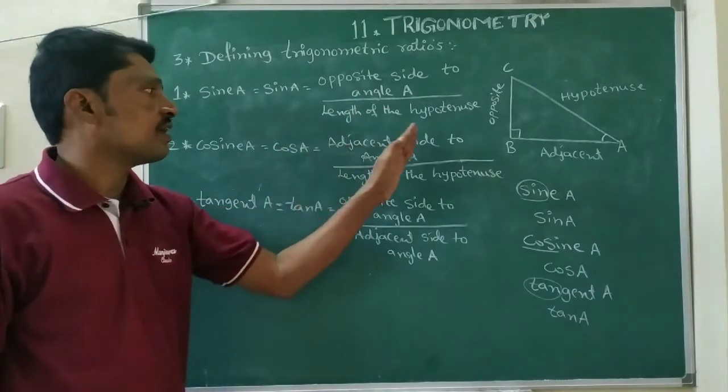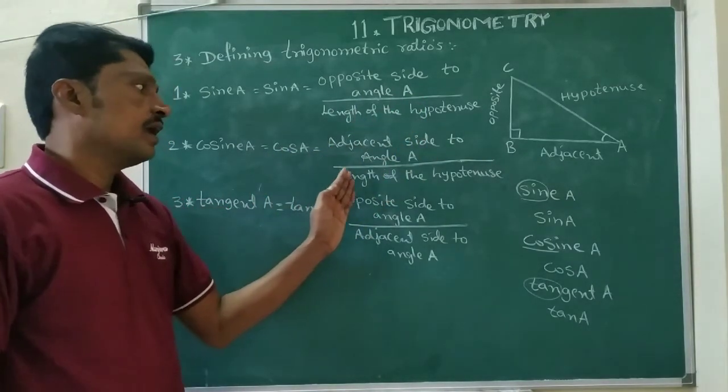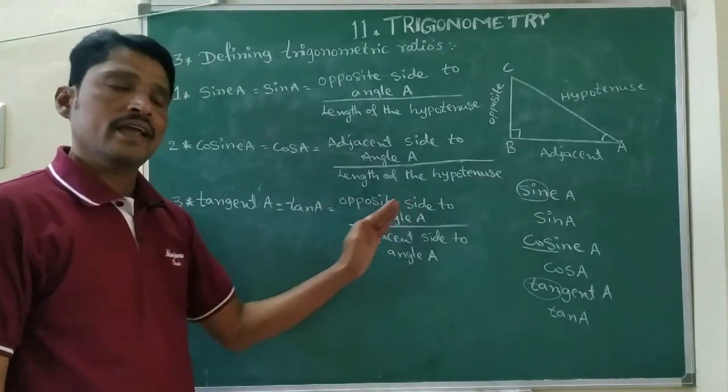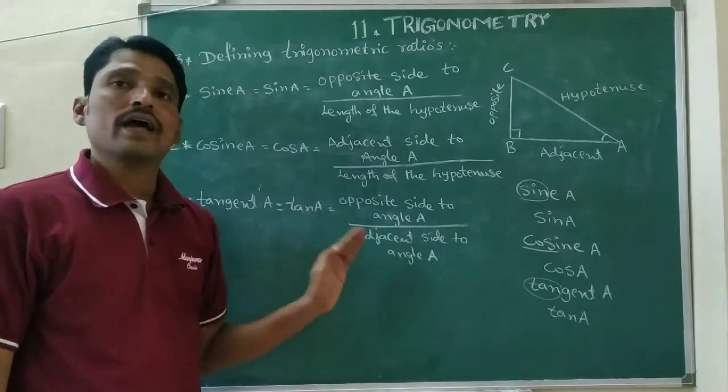Cos A means adjacent side to angle A by length of the hypotenuse. Tan A equals opposite side to angle A by adjacent side to angle A.